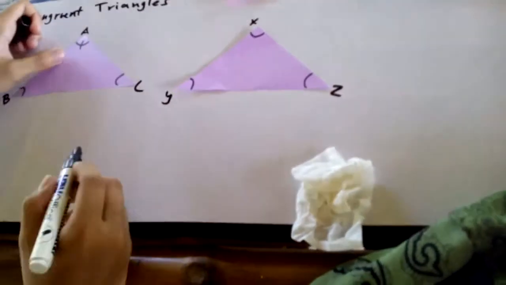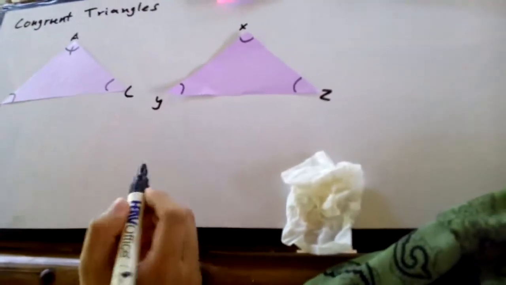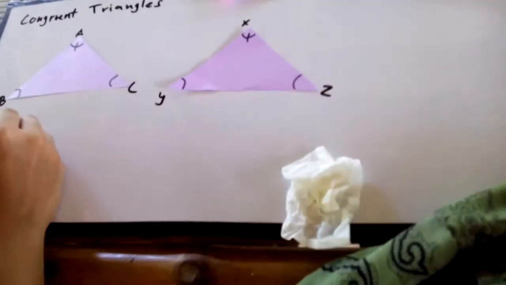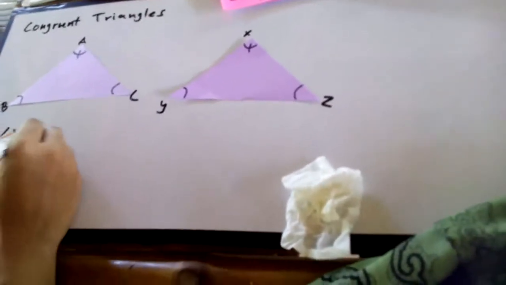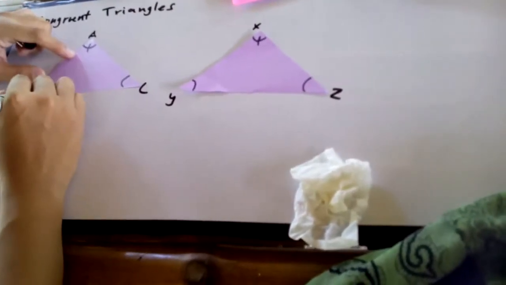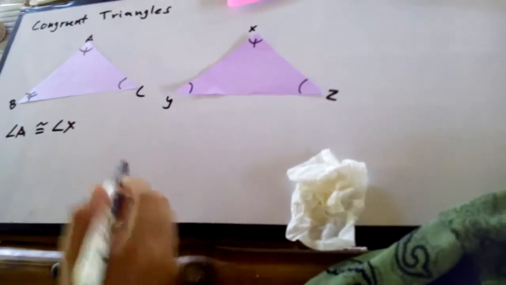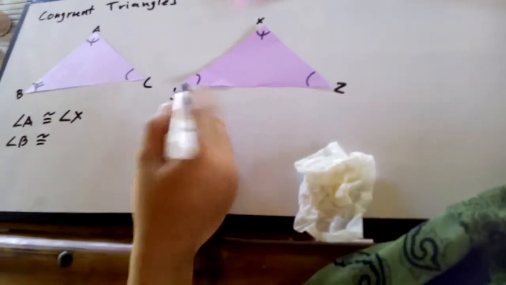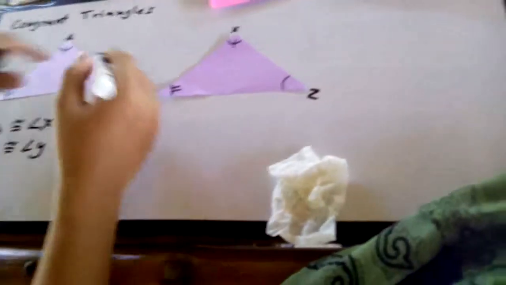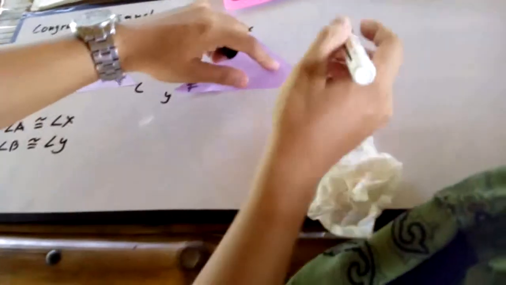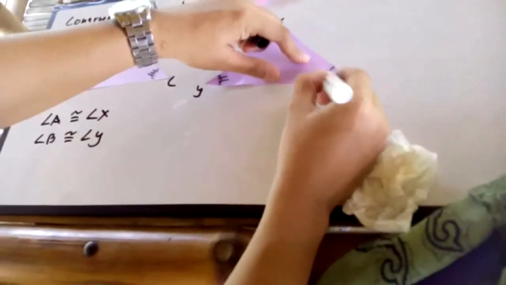Angle A corresponds to angle X. Angle B is congruent to angle Y. And the last one, angle C, is corresponding, or congruent, to angle Z.